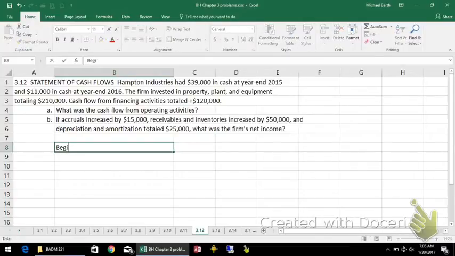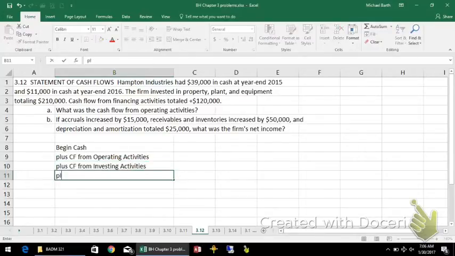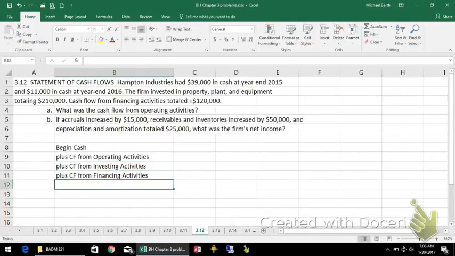Well, beginning cash plus cash flow from operating activities plus cash flow from investing activities plus cash flow from financing activities gives you ending cash.